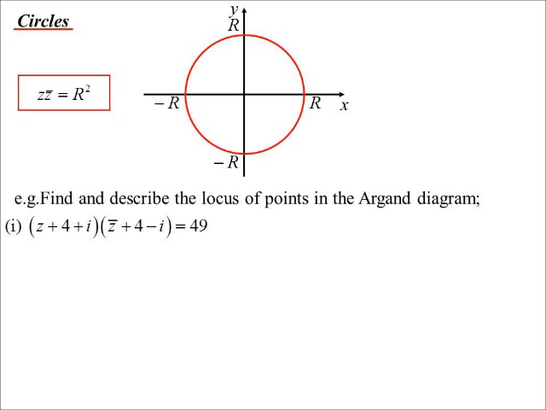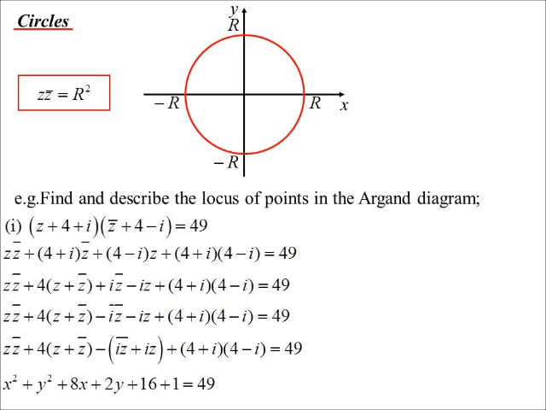Find and describe these points. It's still z times z conjugate, but something's happening. Let's do it the long way so you can see what ends up happening. If I expand the whole thing out and tidy it up a bit, with a little bit of maths, everywhere I see a z, I substitute in x plus iy.